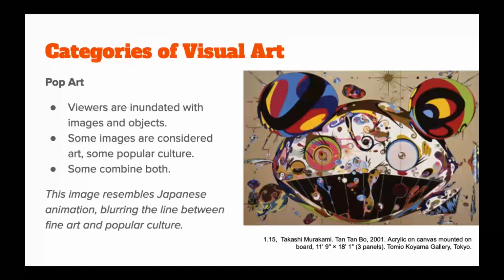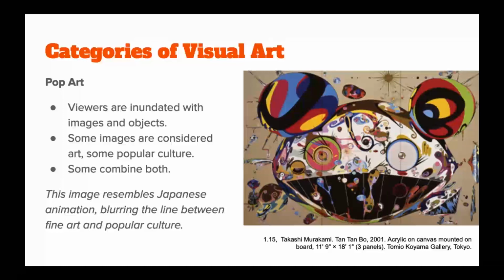Viewers tend to be inundated with images and objects rather than fully rendered paintings. Some images can be considered art, some can be considered pop culture, or lowbrow, or just commercial expression, like something that was made by an anonymous graphic designer, such as an advertisement.